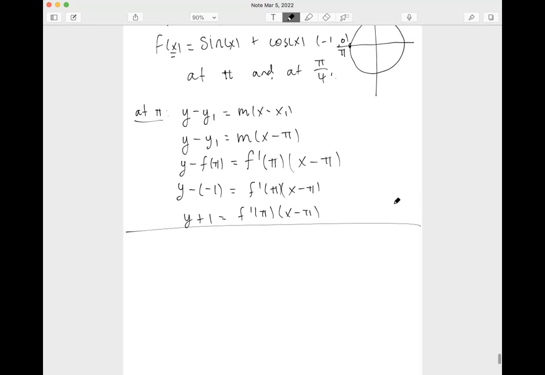Okay, so now our goal is, what is f prime? What is f prime of x, where f of x is equal to sine x plus cosine x?